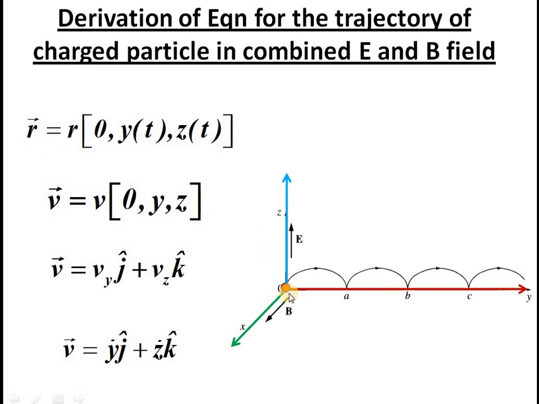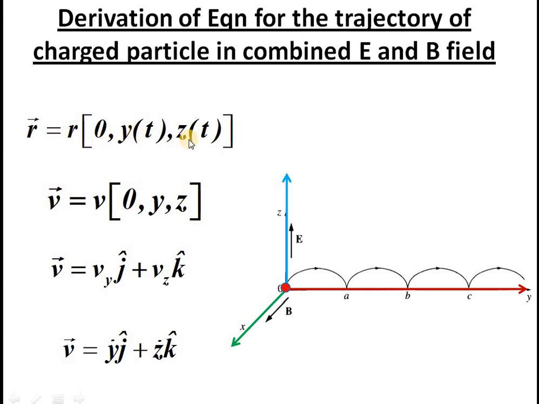Suppose at any time instant the particle's position is represented by r. So r is a function of x, y, z because it is moving in space. But here, since the particle is moving in the yz plane, r is a function of y and z alone, so the x component is 0.